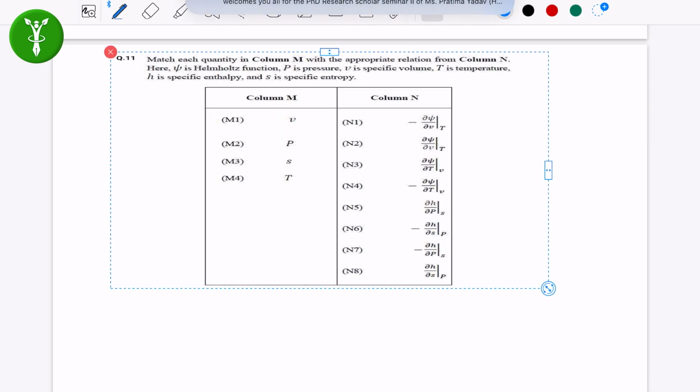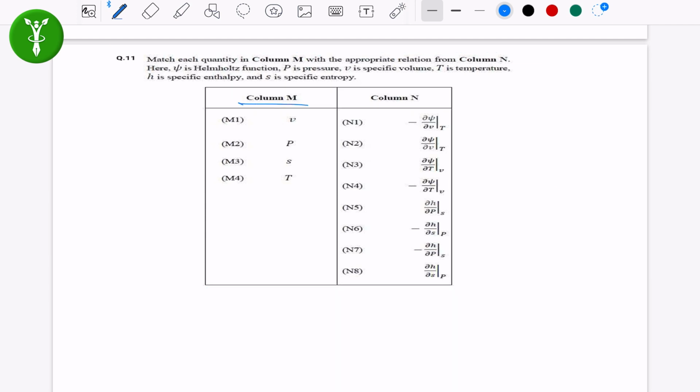So now how can we calculate it? From column M we cannot directly get to column N, but using column N we can arrive at some quantity.